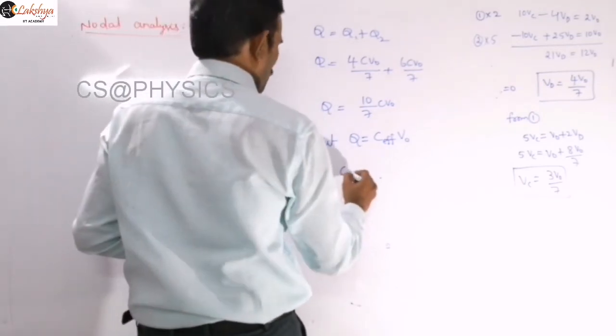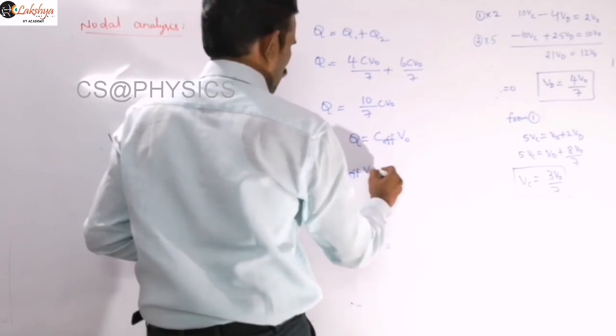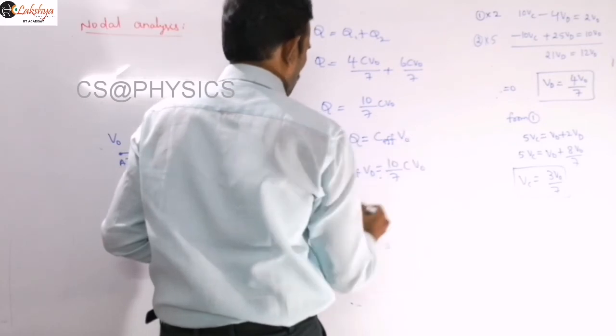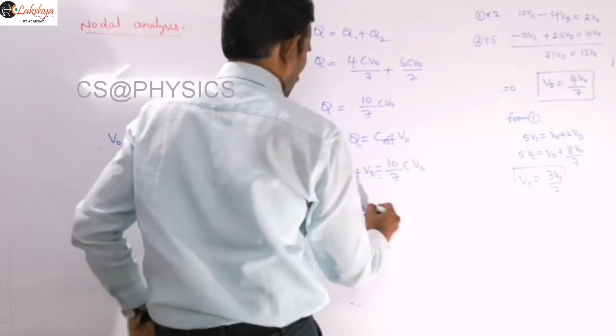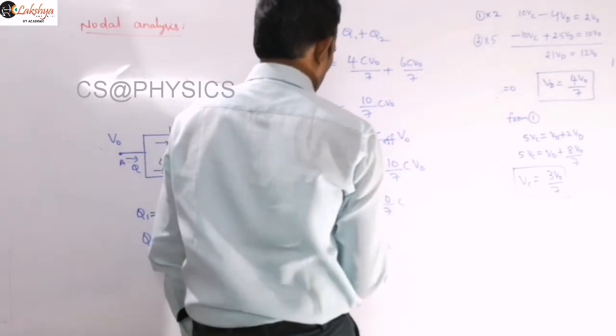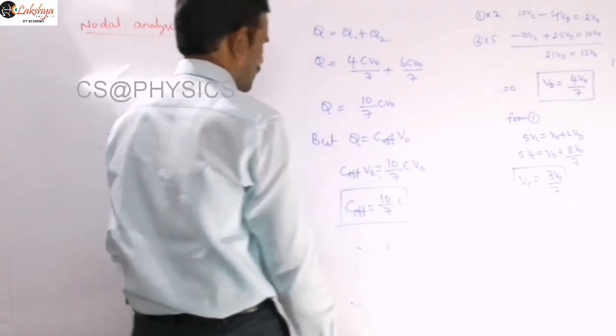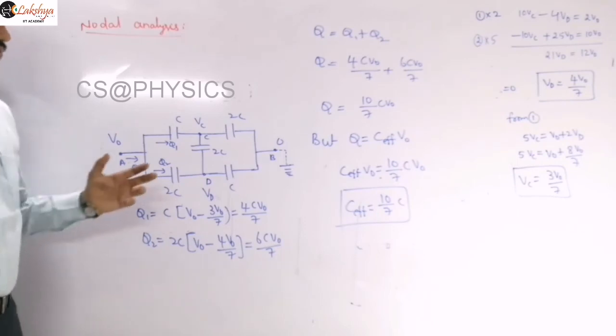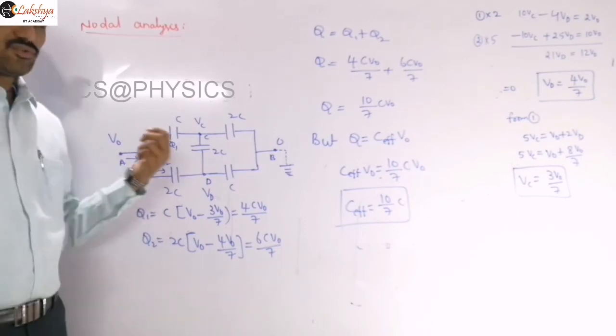And therefore you can substitute: C effective into V naught is equal to 10 by 7 C into V naught. Therefore that C effective is equal to 10 by 7 C. So that is our effective capacitance for this circuit by using this nodal method. So that is our nodal method application here. You can take any node as a reference and we should follow that.